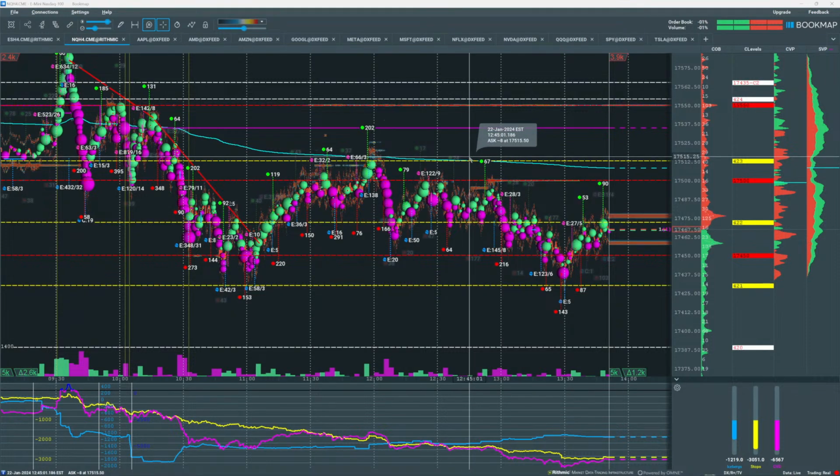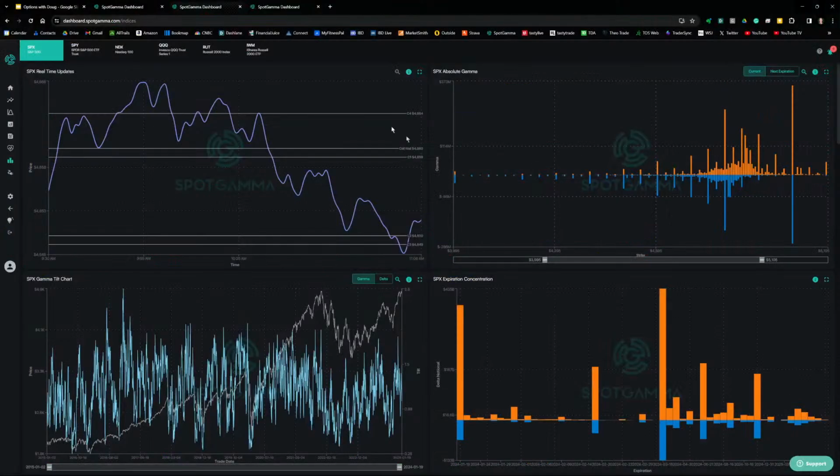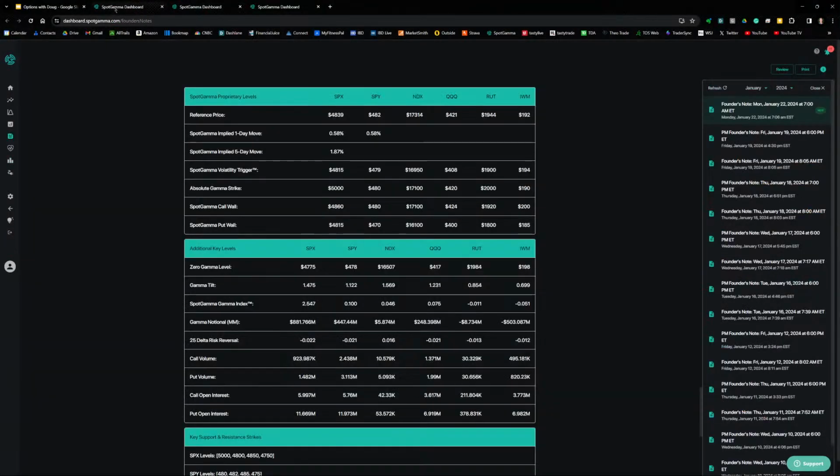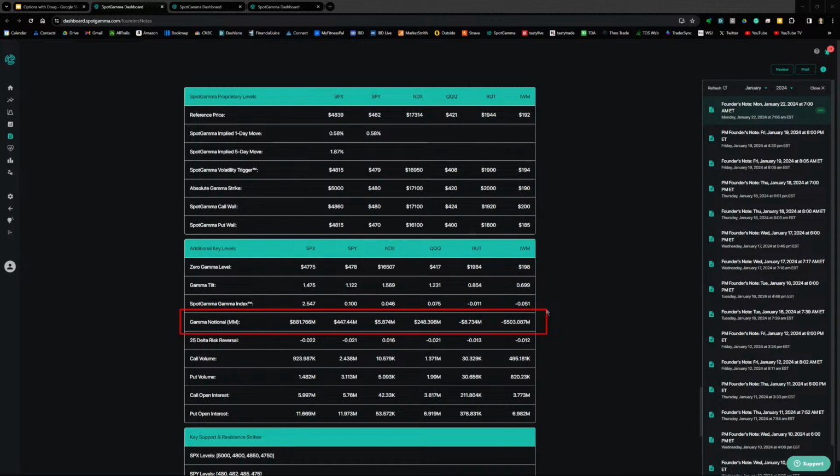All right, let's take a look now at gamma notional, and then we'll get to some setups. Go to gamma notional. This is market makers' position on the gamma curve at the beginning of the day. I look at this every day. It gives me a sense of how market makers may react to changes in price and implied volatility in a positive gamma environment.